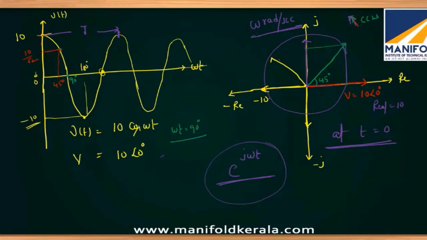Understand? Always remember here also the instantaneous values are matching with only the real values of that phasor quantity. So we don't consider the imaginary values. We only consider the real values of the phasor, because the real values at a particular instant will match with the instantaneous value of the voltage in the time domain. Understand?